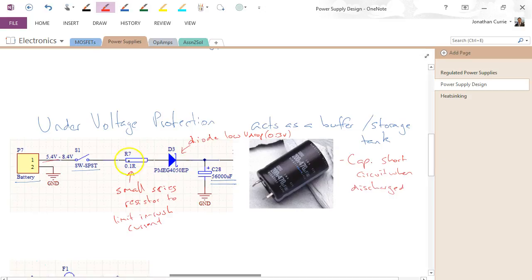So 0.7 here would take us much below 5 volts and wouldn't work. That Schottky diode prevents the capacitor discharging this way and charging the battery up. We only want it to supply current and to maintain the voltage for the remainder of our circuit. So that's under voltage protection.